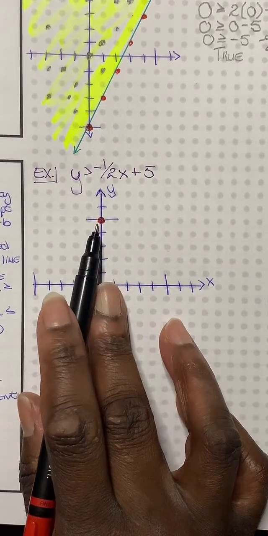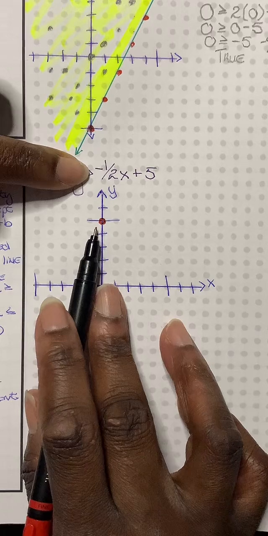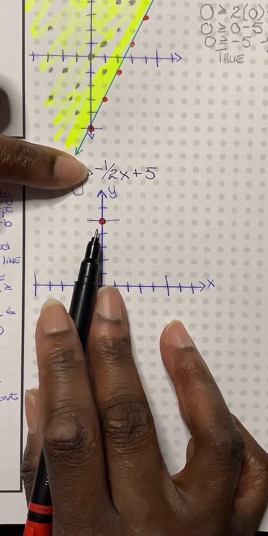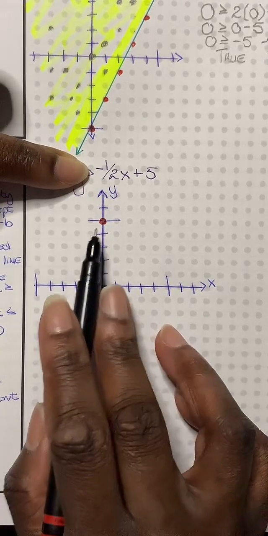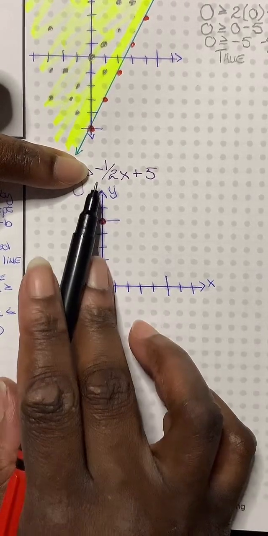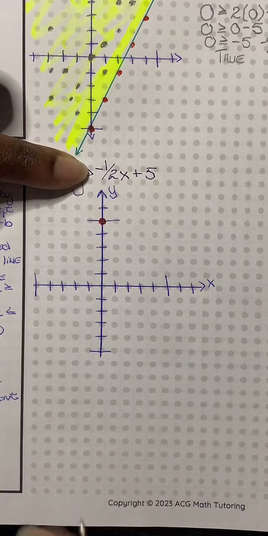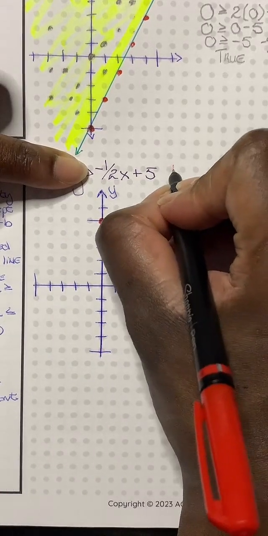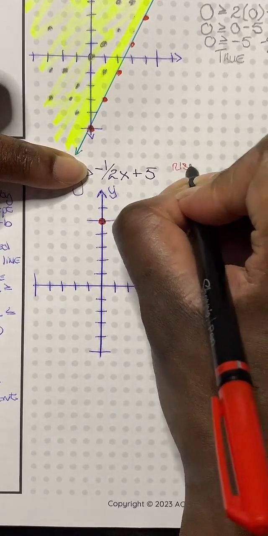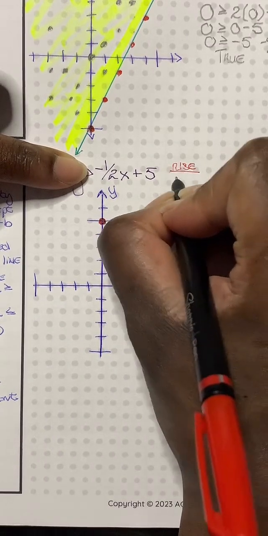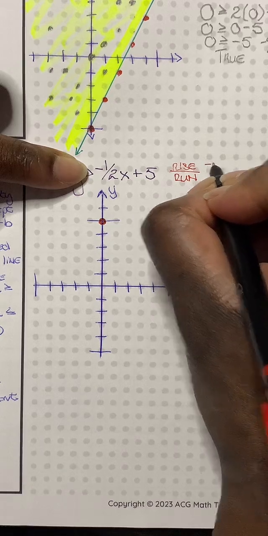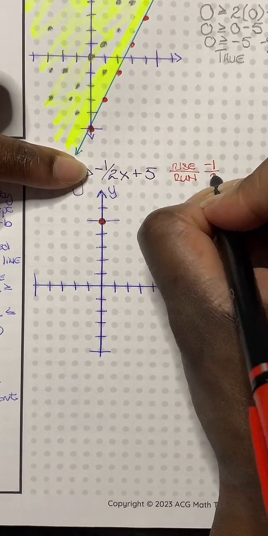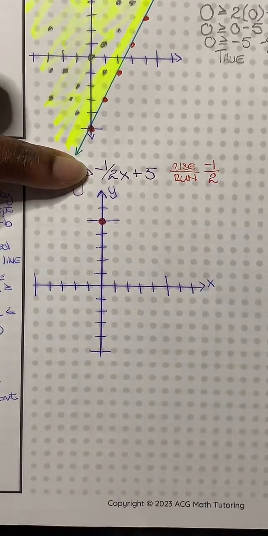So from this point, I'm looking at my slope. So this looks similar to just a regular equation of a line. And remember, slope is your rise over your run. So my rise is -1 and my run is 2.